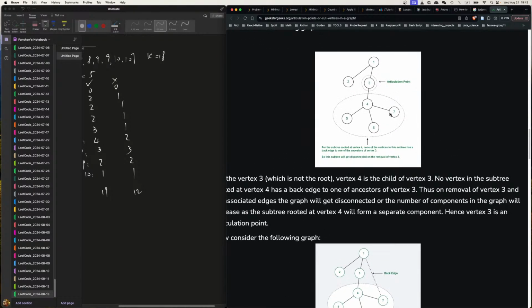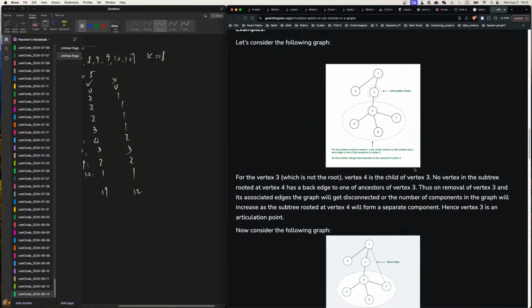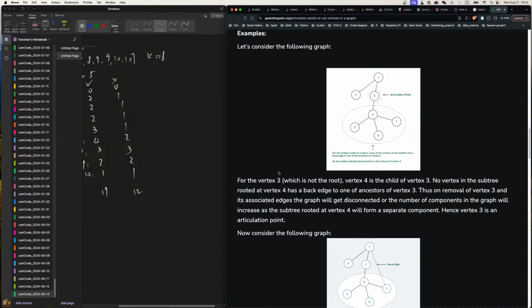Okay, let's see this. For vertex 3, which is not the root? What do you mean by which is not the root? How do you decide what is the root, what is not the root? Vertex 4 is the child of vertex 3.